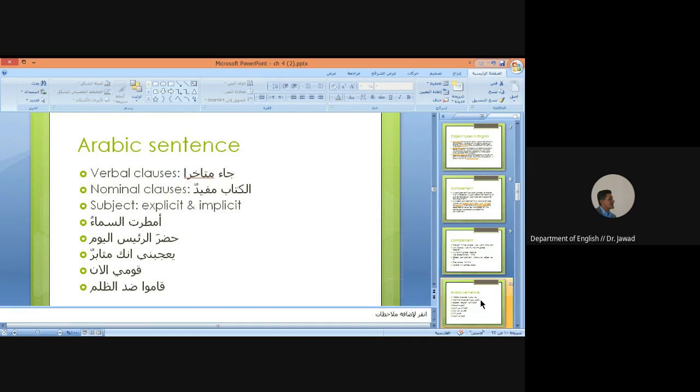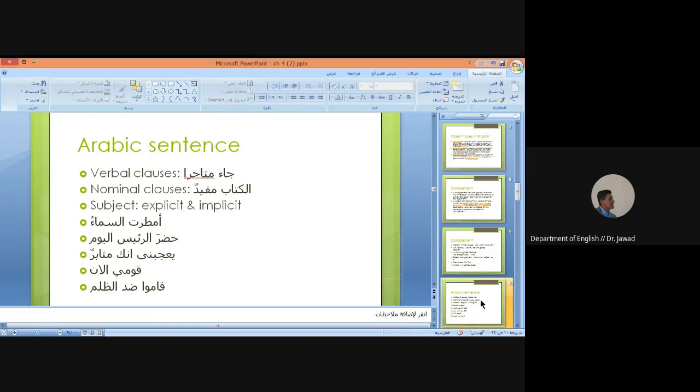قومي الآن, this is an imperative clause. But the subject is explicit, which is the enclitic pronoun الياء. هذا الضمير المتصل مع الفعل represents the subject. So here we have a difference between imperative clauses in Arabic and imperative clauses in English.